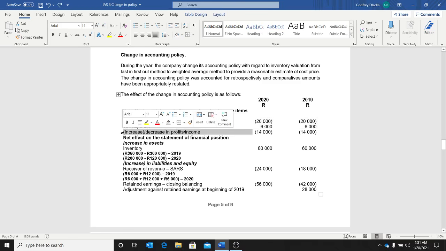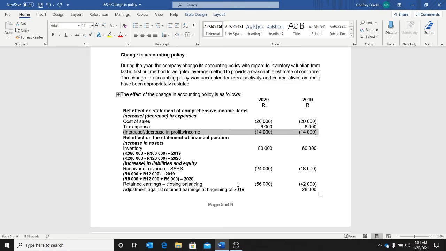Now you see in this line, we are defining this in a different way. Here you'll see that you are defining it as increase in a bracket, slash decrease in profit, slash income, meaning the after tax amount, right? It's in a bracket there. It tells me that it's increasing in that line.